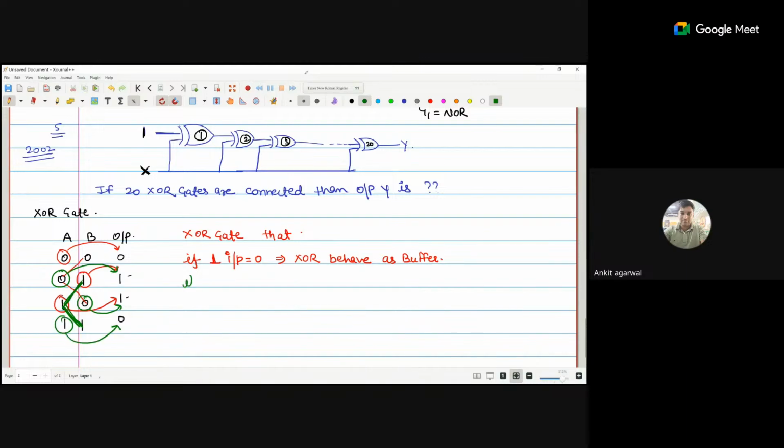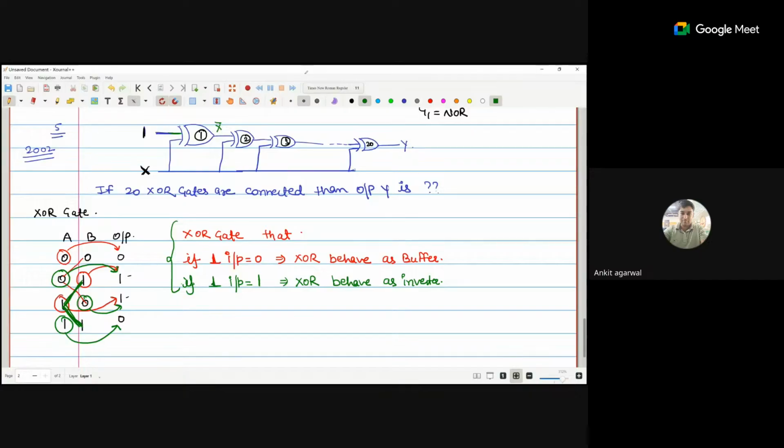So if one input is 1, the XOR behaves as an inverter. This is the beauty of the XOR gate. If one input is 1, the output is nothing but an inverter.